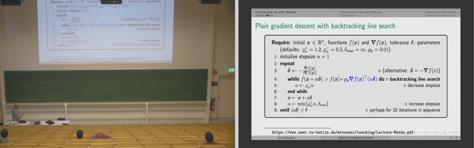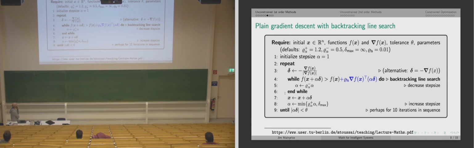So we can set delta max to something that would be the minimum step size that we would get. I don't know, it's not so clear here what delta is, because we don't modify this and we don't modify this, so whatever. I think I should change this algorithm here.